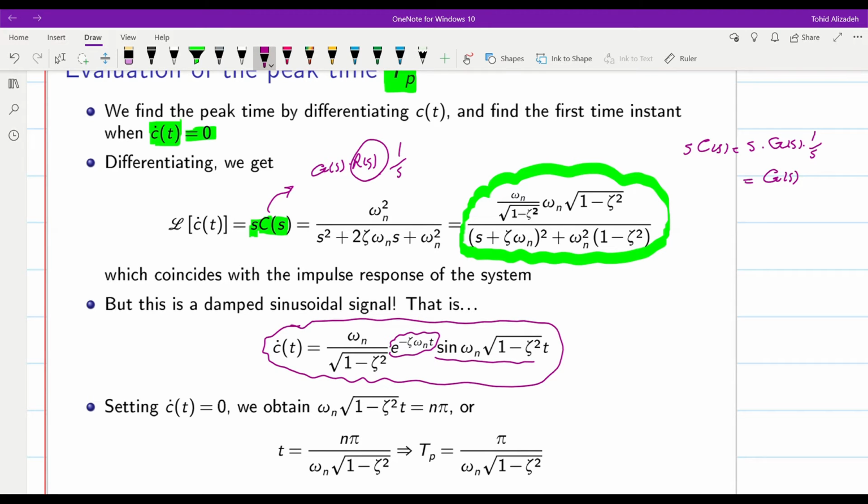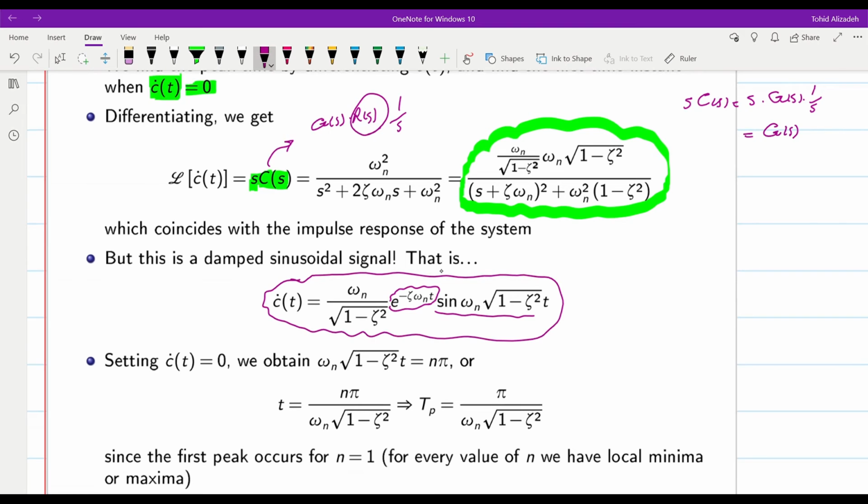And then if we set the derivative to 0, we will obtain omega n times the square root of 1 minus zeta squared times t equal to n times pi. Or we can say that t will be equal to n times pi over omega n times the square root of 1 minus zeta squared.